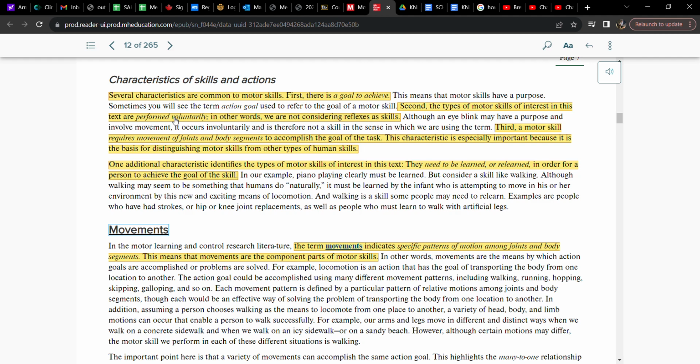And then the third part is that a motor skill requires movements of the joints and the body segments in a particular order or path in order to accomplish the goal of the task. So if you think about throwing, your shoulder, your elbow, your wrist, your hand, they would all have to move in a particular way in order for you to throw that ball where you need it to go.